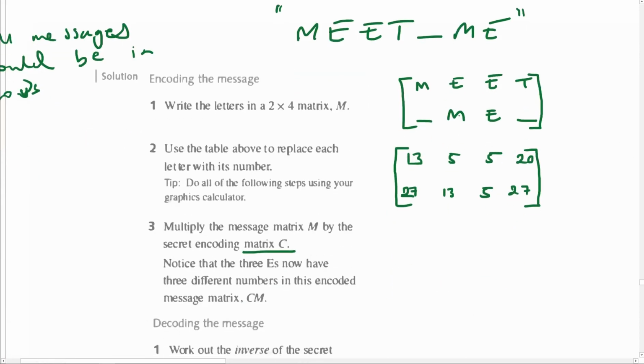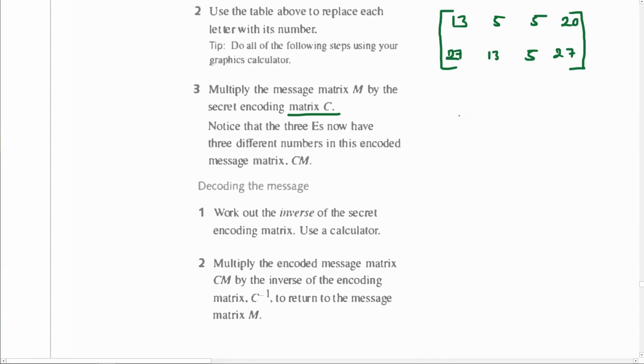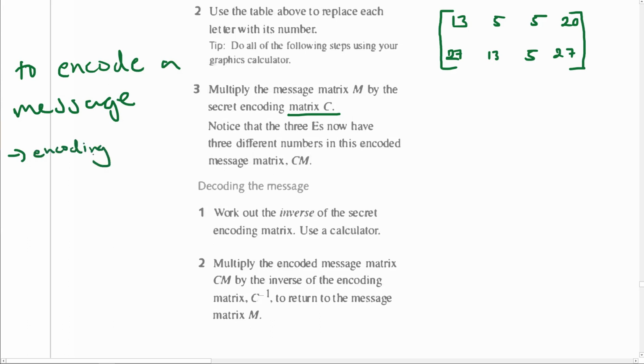To code something, we need to multiply it with matrix C, the encoding matrix. So I might write down here the general instruction: to encode a message, it's the encoding matrix multiplied by the message, times the message.